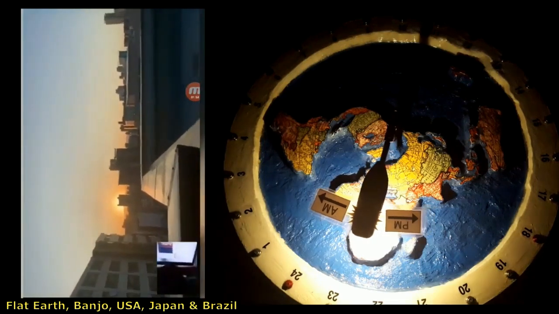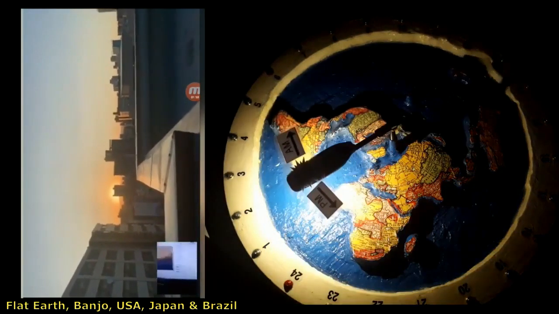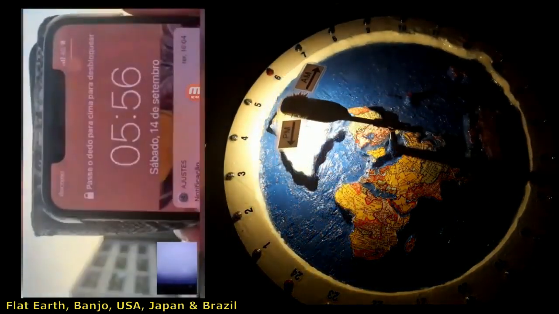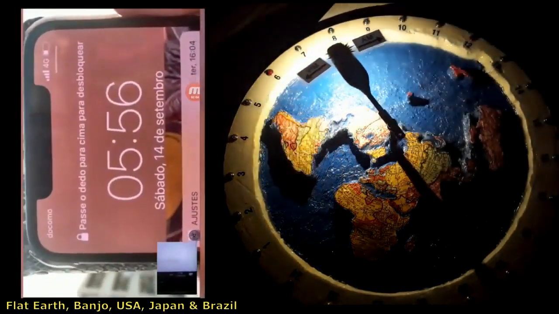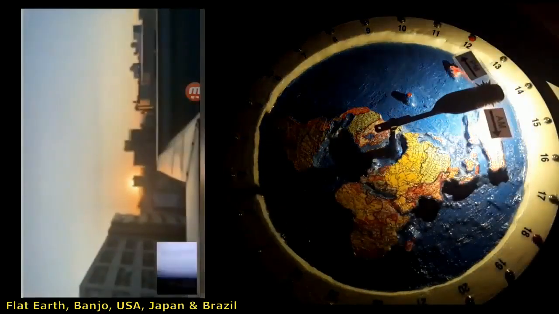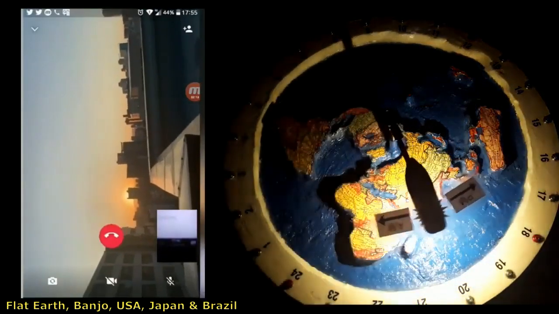You see the larger image, the lady in Japan, and the tiny one on the bottom, the other lady was in Brazil. And look, she's pointing, showing her watch in Japan. Her cell phone here, it was almost 6 p.m. The sun was setting. That was in September.